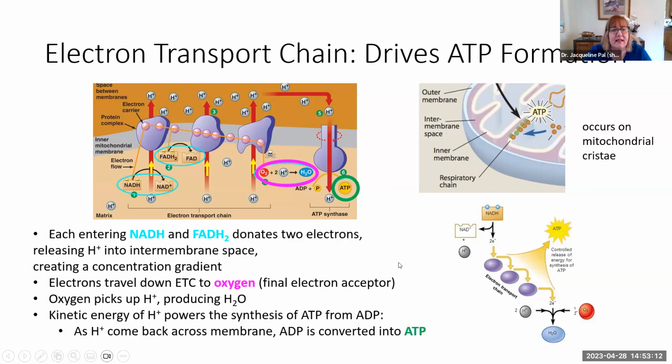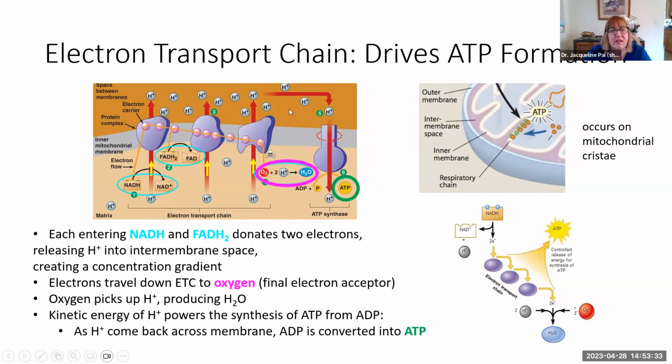And it's this kinetic energy of the hydrogen being at very high concentrations there and very low in the matrix, and we're going to bring some into the matrix, that's powering the synthesis of making some ATP from the ADP with an ATP synthase.